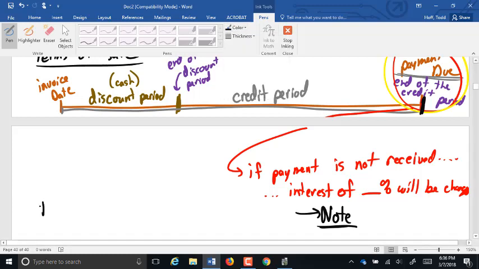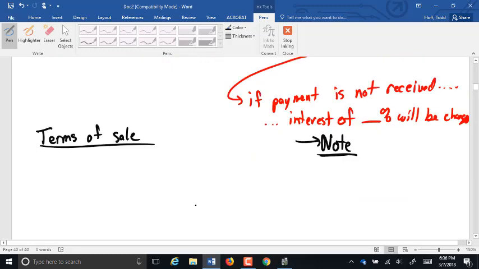So how do those terms of sale define this timeline? Well, there's a notation that pops up very similar to our trade discount that might look like this. Notice we use those slashes again. This first thing here defines the discount period.